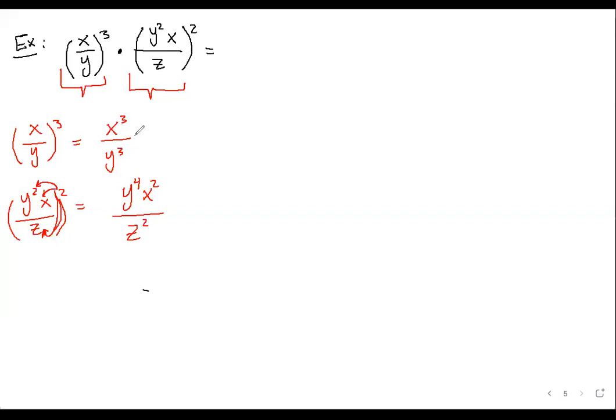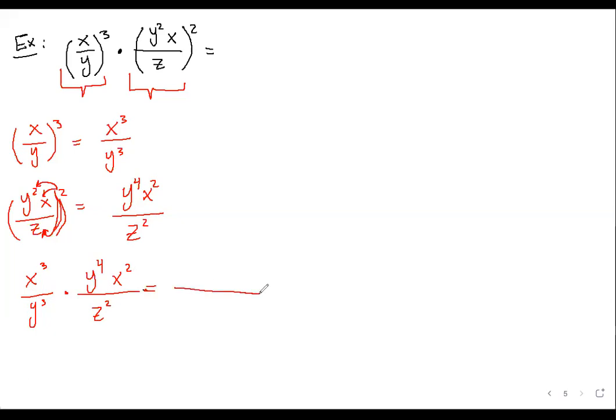Now we multiply this one by this one. So I get x to the power 3 over y to the power 3, times y to the 4 x to the 2 over z to the 2. What is the answer?